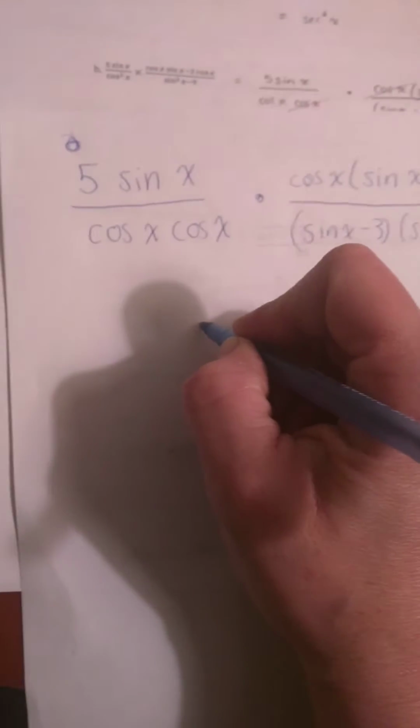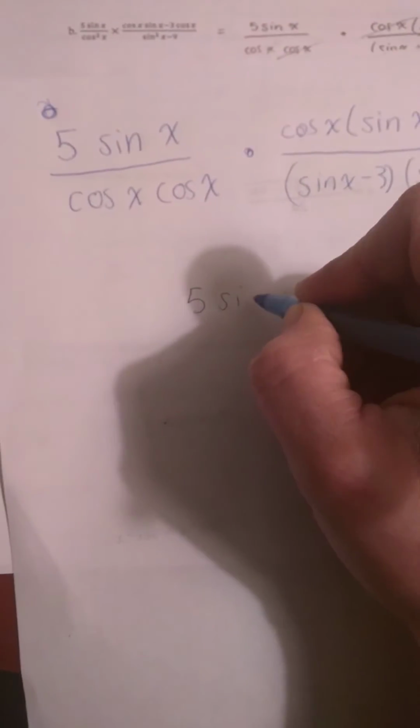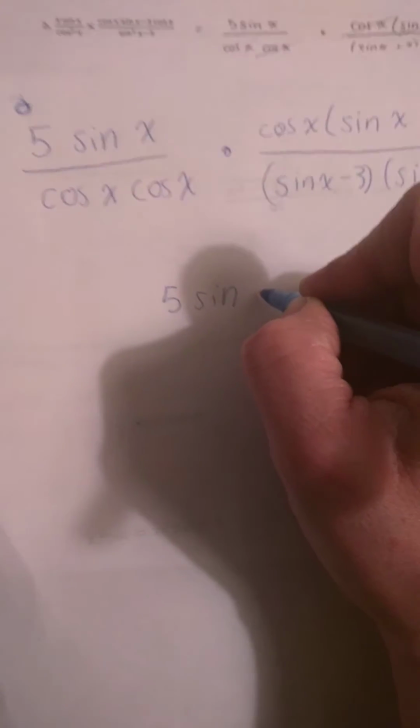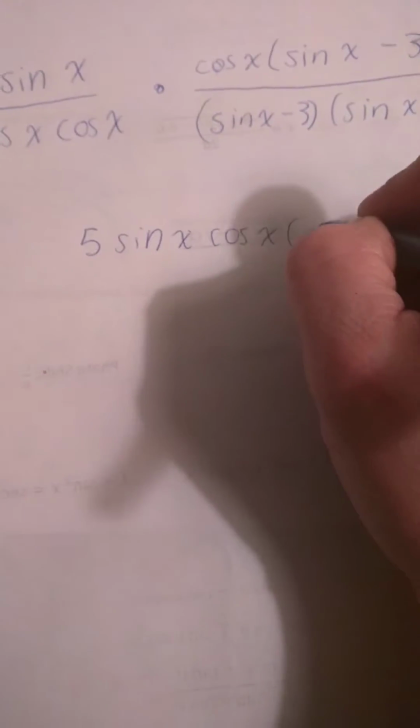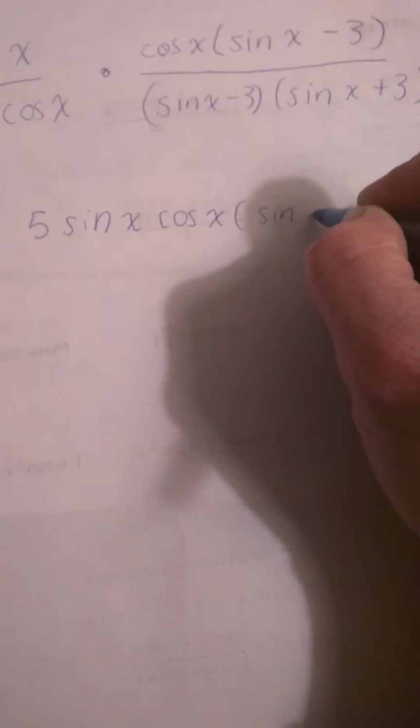Okay. All right, so now I can actually write this as one single rational expression. So I'll write it as 5 times the sine of x times the cosine of x times the quantity sine of x minus 3.